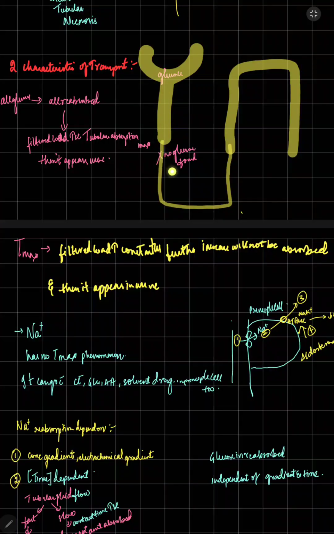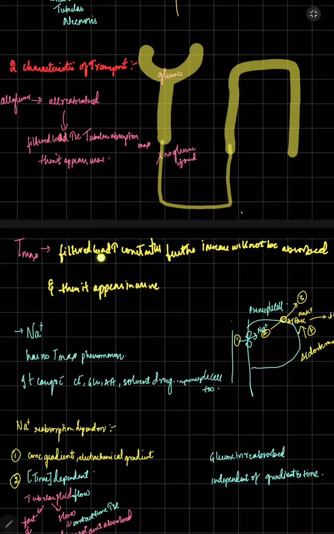So when we consider the absorption of glucose, glucose is 100% absorbed in this PCT area. There is no glucose found in the loop of Henle. If the filtered load of glucose increases, these cells also increase their capacity to absorb glucose as much as it is increased in filtration. So there is something called Tmax, which is also known as tubular absorption maximum.